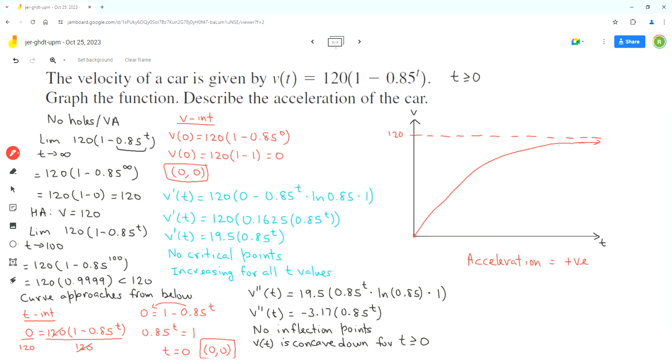So as t approaches infinity, the acceleration approaches zero because the curve becomes flat. So that's our second observation. These are the steps you have to keep in mind to solve a problem like this one.